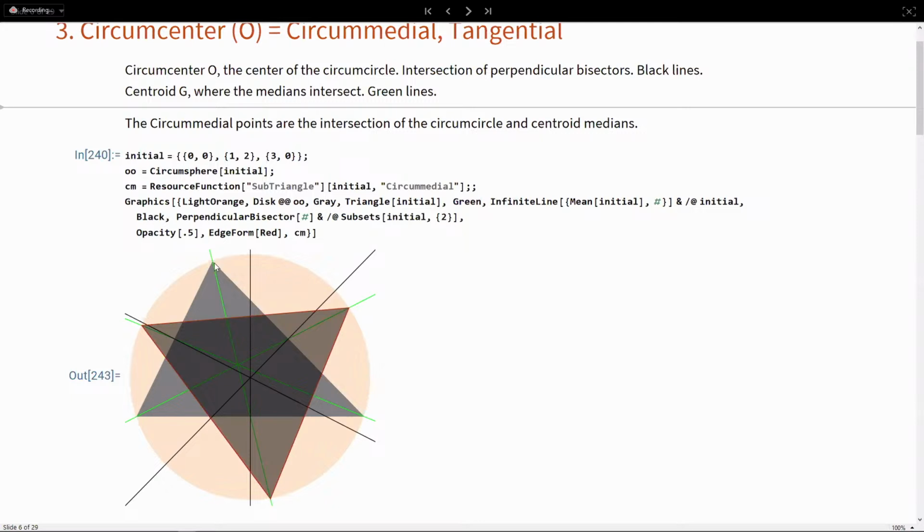In green, we have the medial lines, and the circummedial point is where the green lines going through the centroid reach the opposite arc of the circumcircle, and that makes the circummedial triangle.